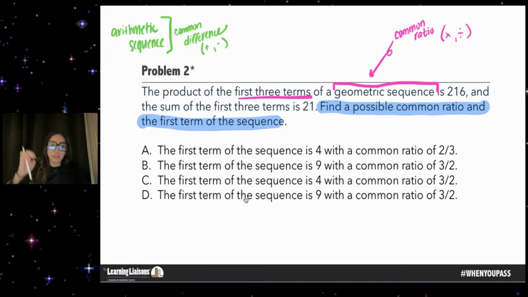And so if the product, which means, let's use a different color. So product is the answer to a multiplication problem.